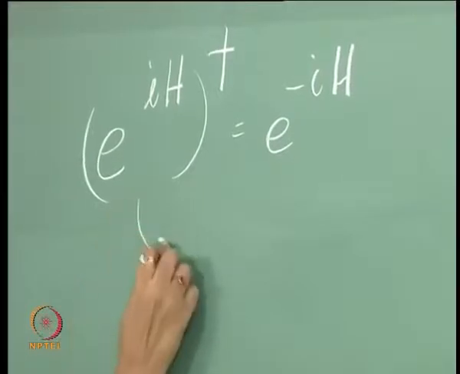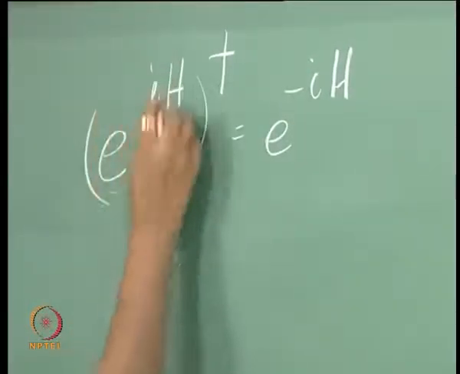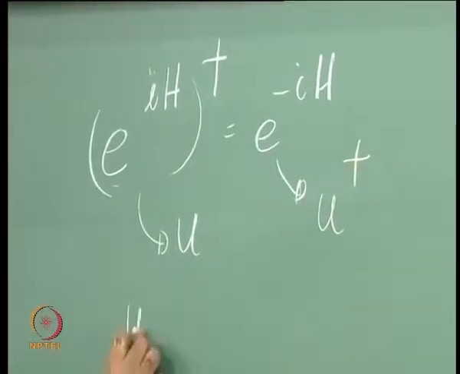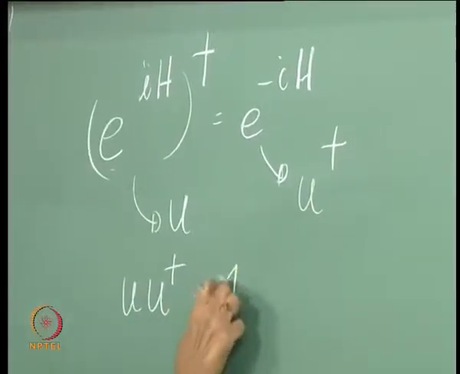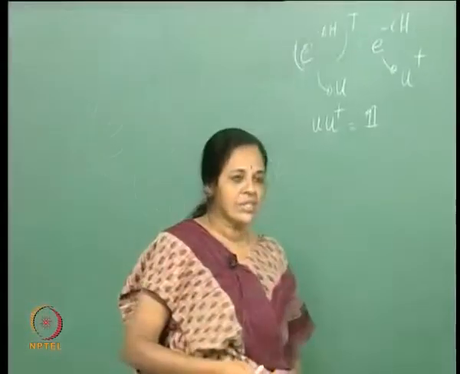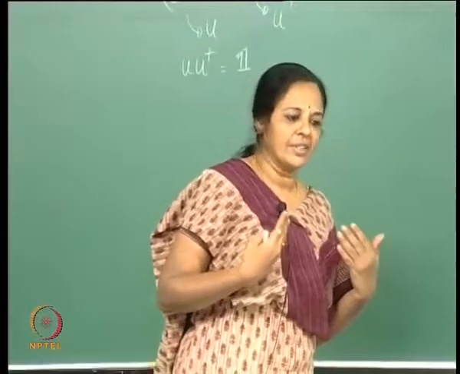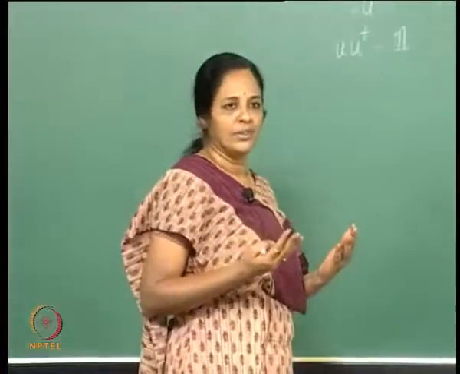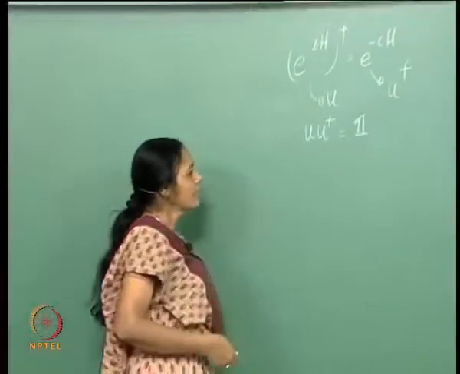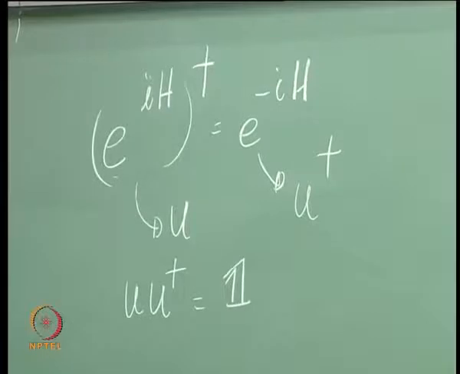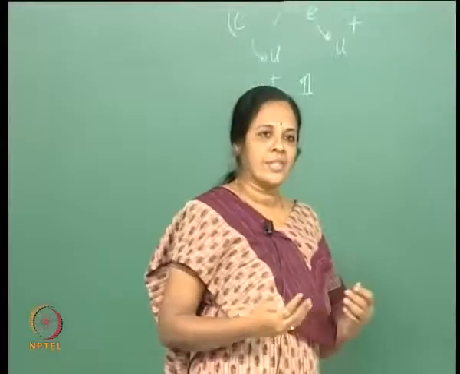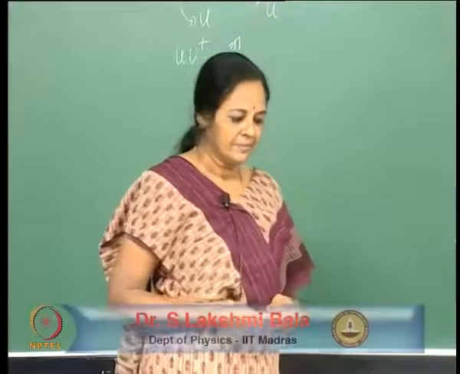And therefore, if this object is U, this is U dagger, and it is clear that U dagger U is the identity operator. Unitary matrices therefore find a very natural role in quantum mechanics, and all these matrices, Hermitian, unitary and other types of matrices, act on states in the linear vector space.